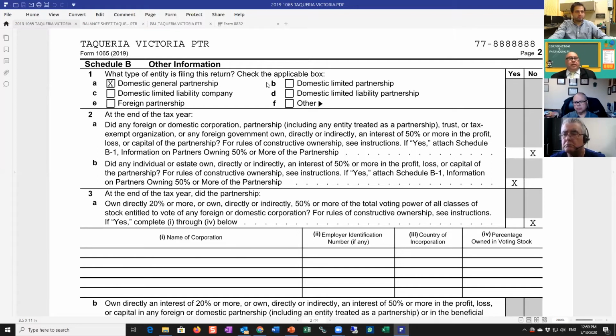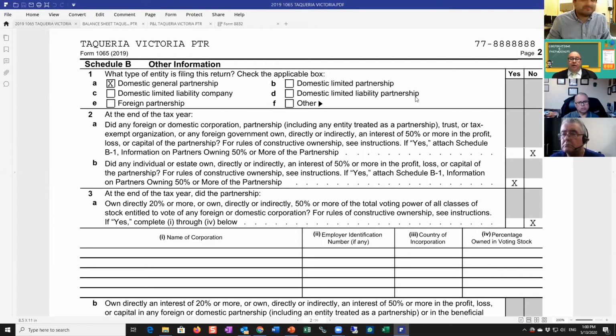Then you have limited liability companies, and we're going to talk about those after lunch when we cover LLCs, because we use this form to report LLCs as well. Domestic limited liability partnerships exist only in certain states, and those are not very common.